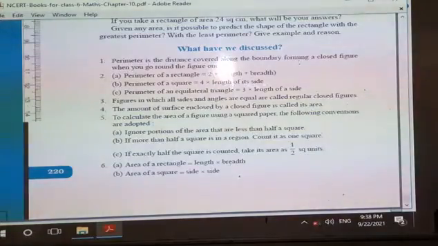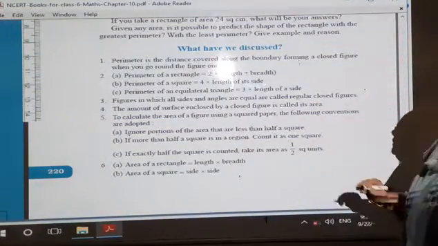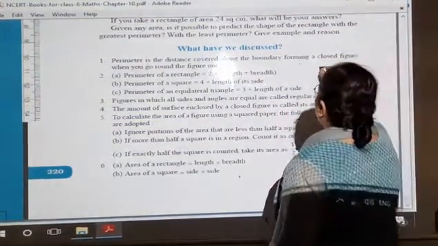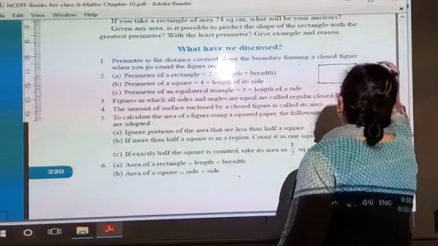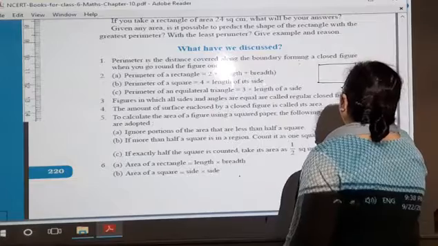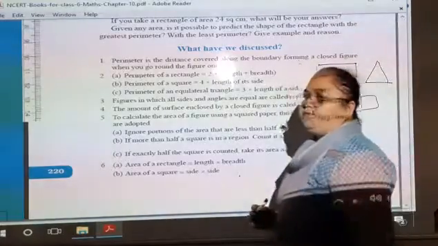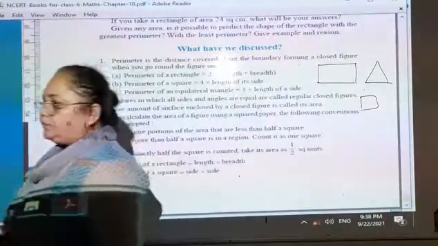Concept of perimeter. So we can find the perimeter of any closed figure, we just have to add the measurements of its sides.